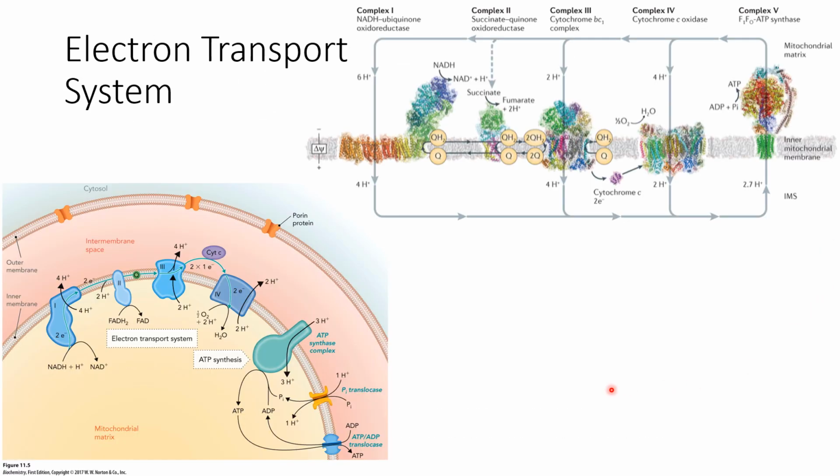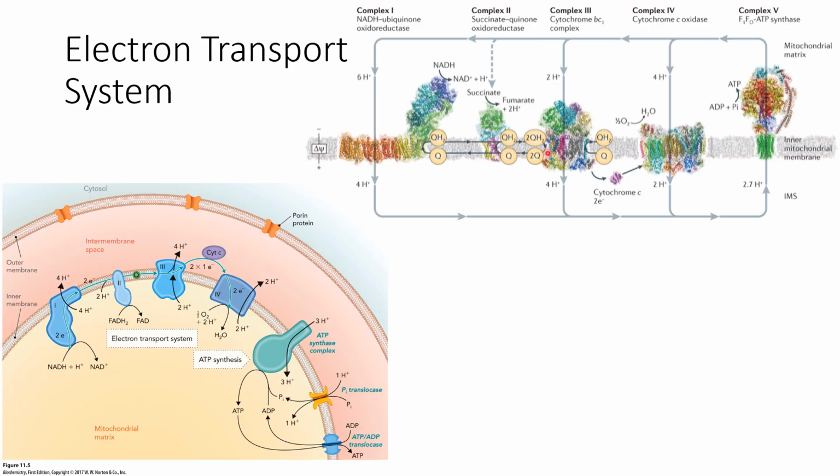As an overview, there are two different figures that I'm showing here. They basically show the same thing: complex 1, a large bulky molecule, with NADH coming in and being oxidized to NAD, and the electrons are then transported through here, through the quinol loops, and the succinate circle of FADH.